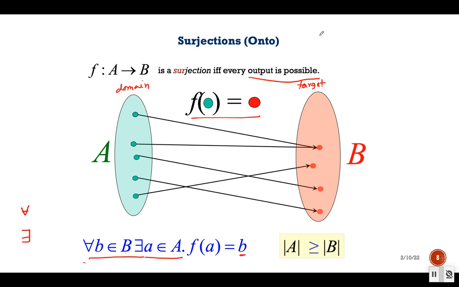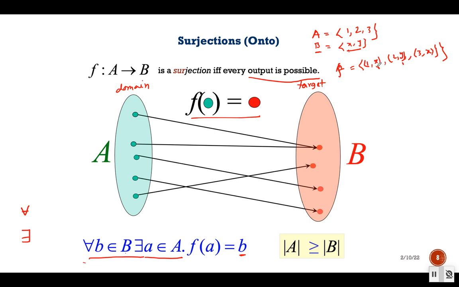Let me give you an example. Say A is 1, 2, 3 and B is x and y. Now I have f equals (1, x), (2, y), (3, x). In the set of ordered pairs of f, every output in the target is present: x and y.